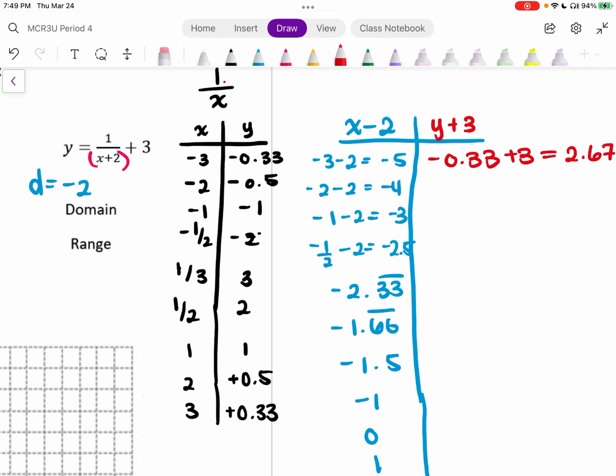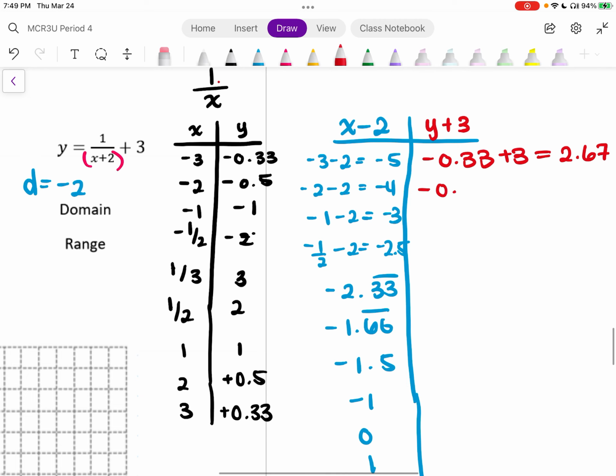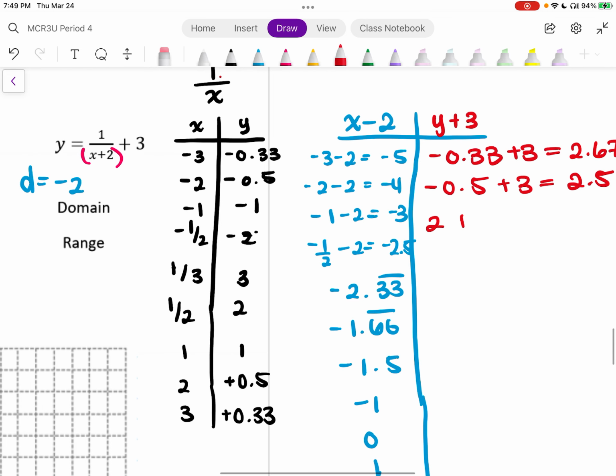Then my negative 0.5 plus 3 gives me positive 2.5. I'm going to take my negative 1 plus 3, which is going to give me positive 2.